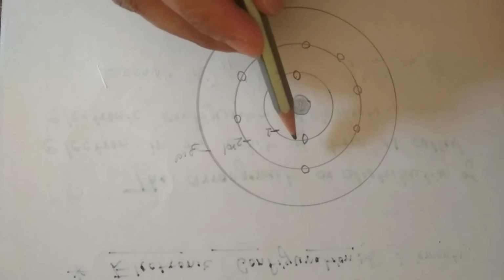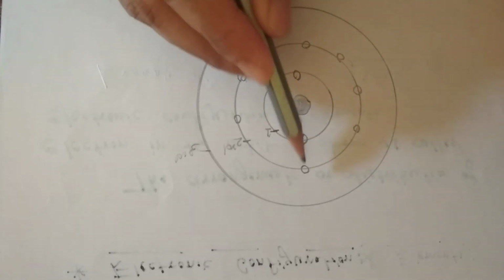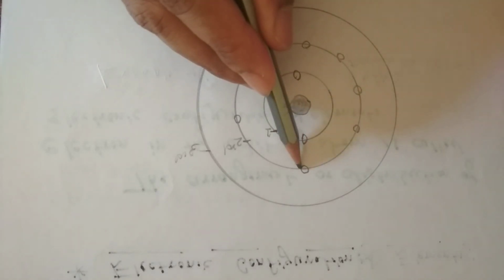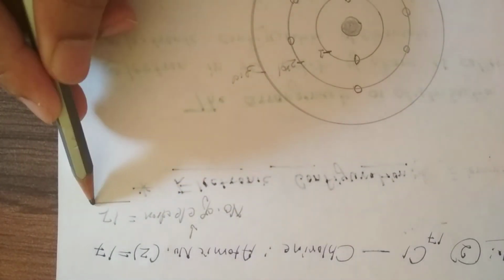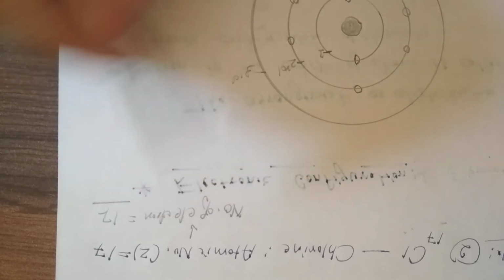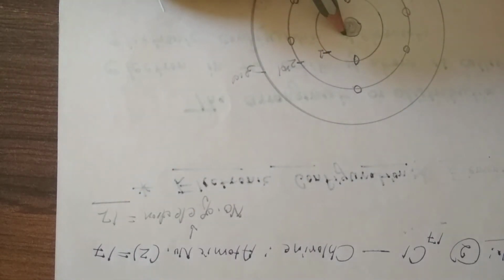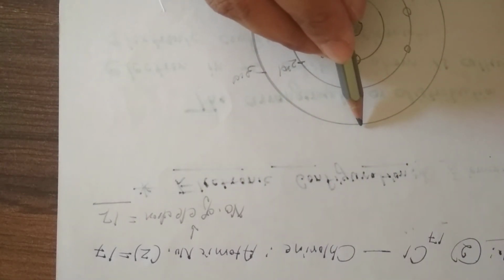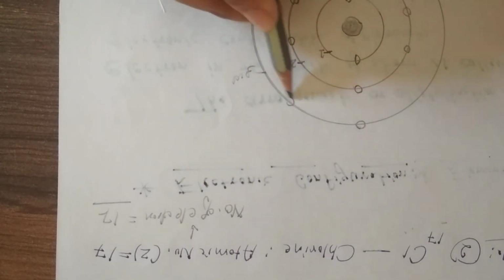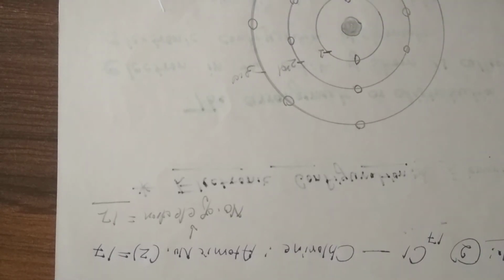That is 2 and 8, a total of 10. Chlorine has 17 electrons and we have arranged 10. How many are remaining? 7. So the 7 electrons will go to the third orbit: 1, 2, 3, 4, 5, 6, 7.